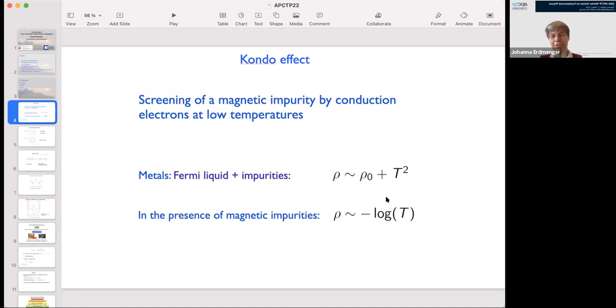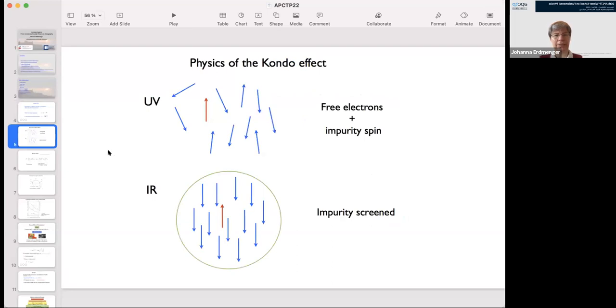That's why many physicists studied this and tried to explain this effect. Actually, this was very decisive in the development of the renormalization group, as I'm going to explain.